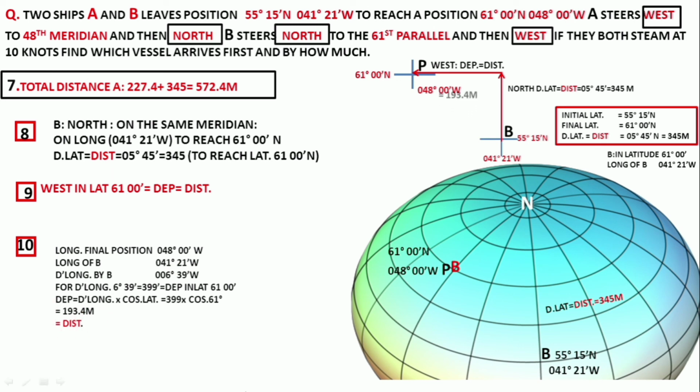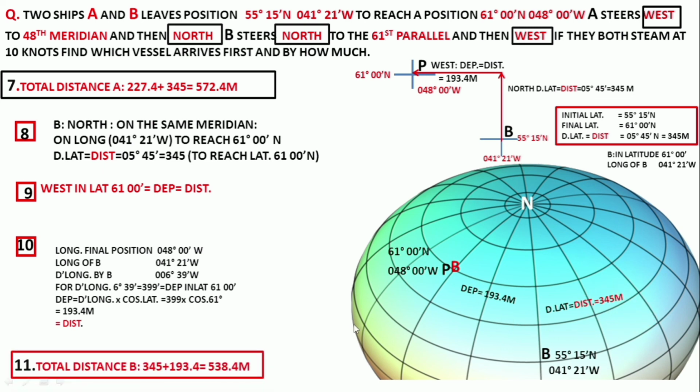So the total distance traversed by B would be 193 plus 345, 538.